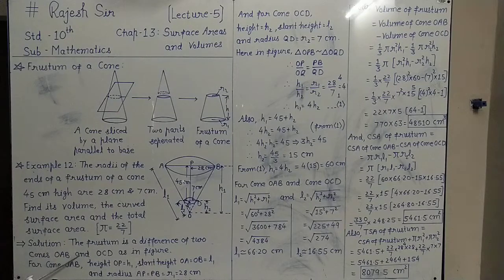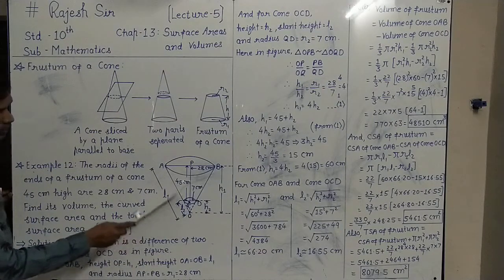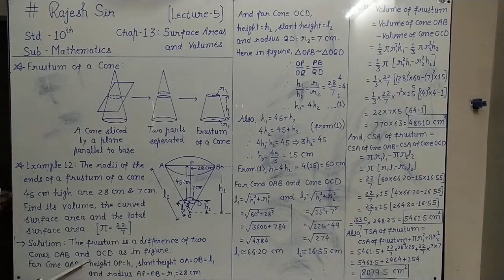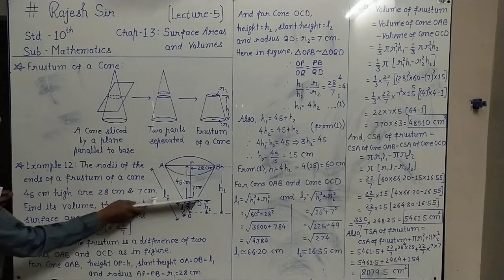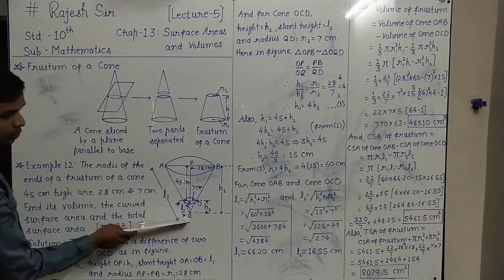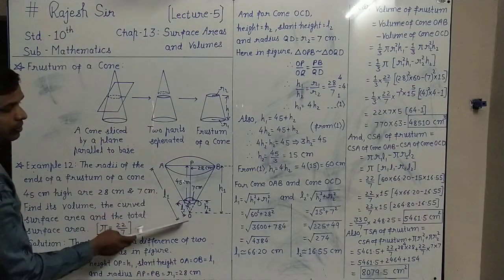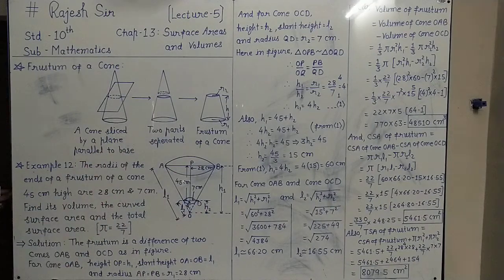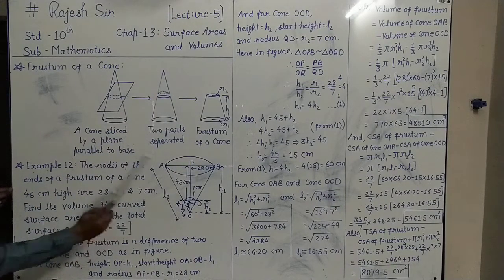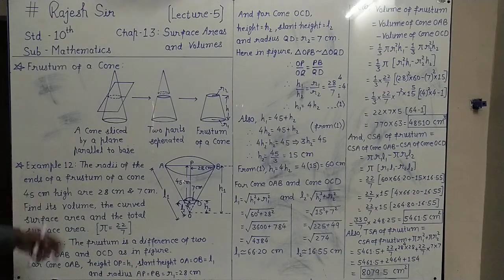So in the solution, the frustum is the difference of two cones, the full cone OAB and the smaller cone OCD. If we subtract the cone OCD from the full cone OAB, we will get the frustum like this. So we have drawn the extended diagram this way to understand it well.